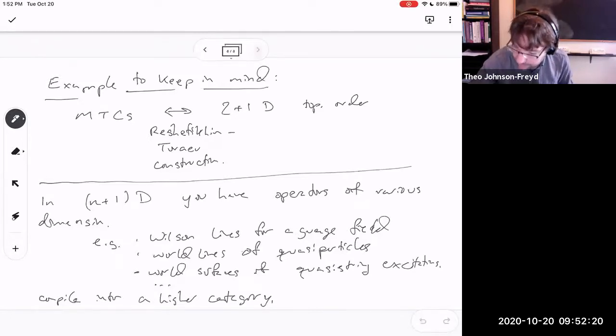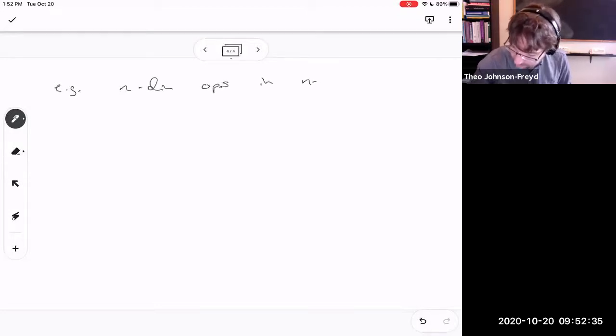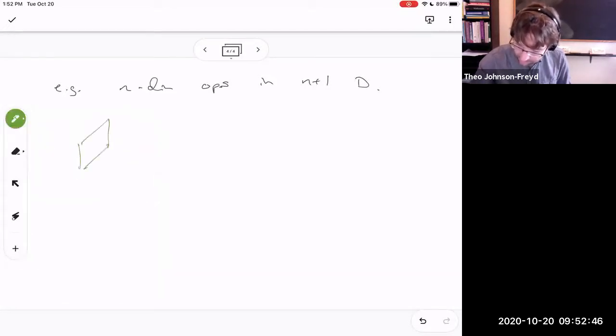So for instance, the n-dimensional operators in n+1 dimensions, maybe my n is going to be 2 for the pictures. An n-dimensional operator is something that can be inserted along a codimension 1 surface.